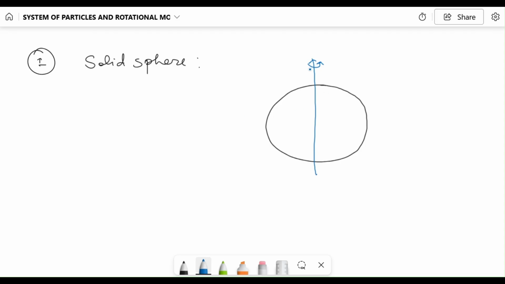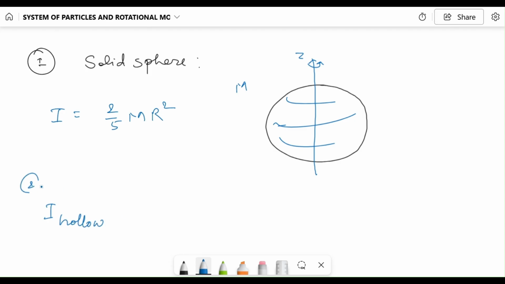So this is an axis which is passing through its diameter, and let's say it has mass m. In this case, the moment of inertia for this solid sphere will be I equals 2 by 5 m r square. And in the same case, if it is hollow, meaning a thin spherical shell, this will be 2 by 3 m r square.